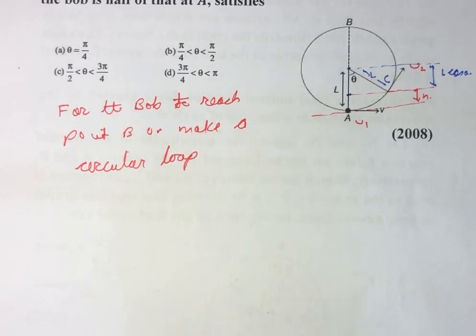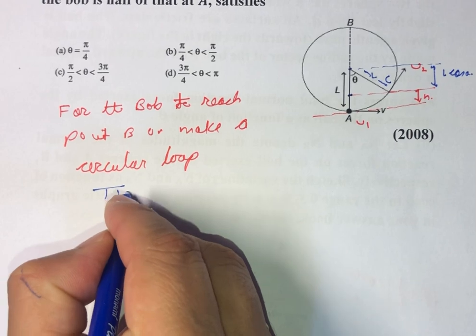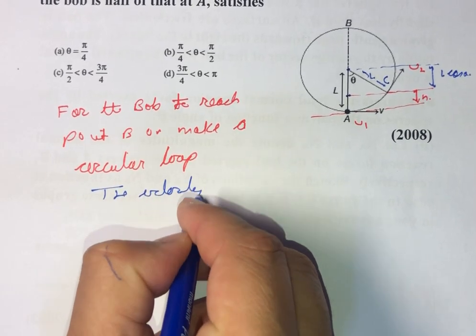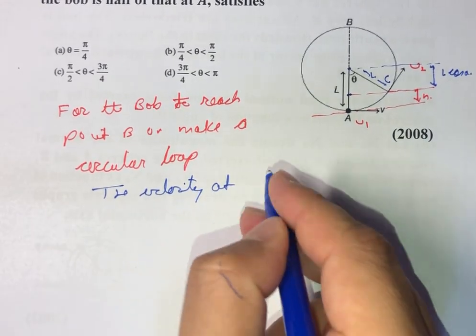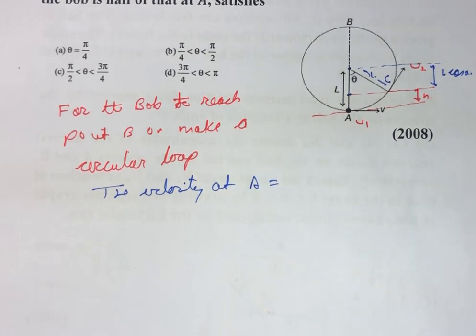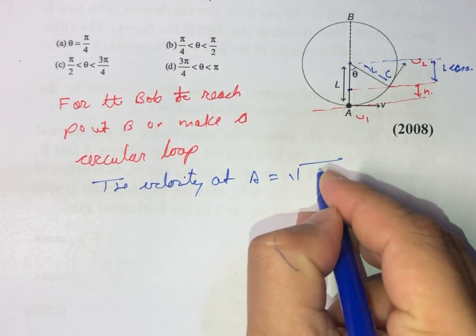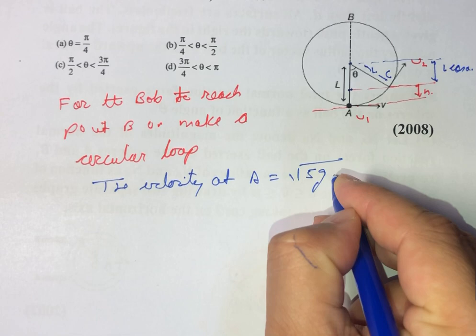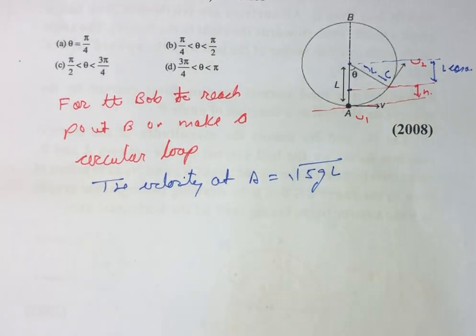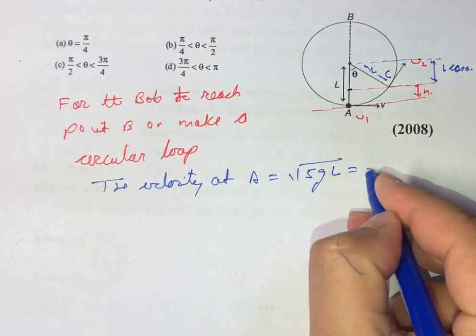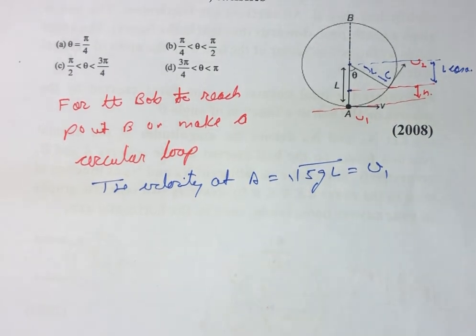The velocity at A should be equal to the square root of 5gL. This is the standard formula, and let us call the velocity at this point v1.